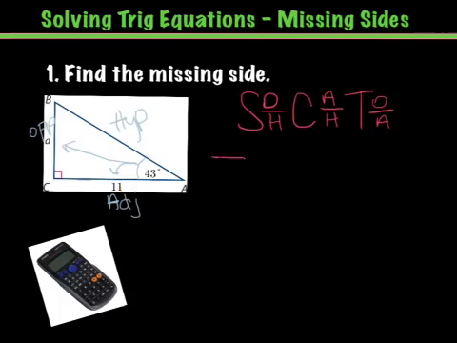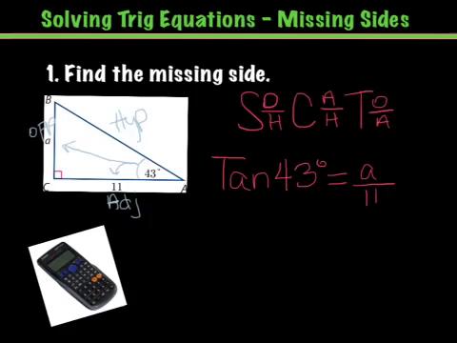So you write tangent of 43 degrees equals opposite, which is the letter A, over adjacent, which is 11. Okay, so now what you do is you use your calculator. You have to figure out what is tangent of 43 degrees.